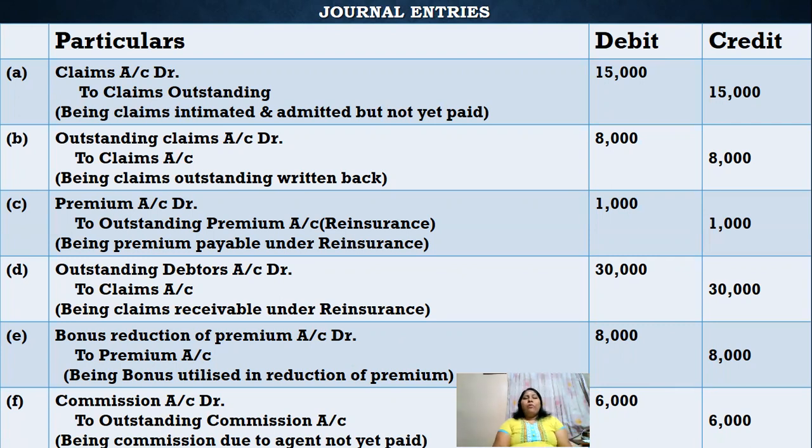So the general view I want to say: if any item is an expense, debit the respective expense and credit outstanding commission or outstanding premium like that. And in case of any income, you can write outstanding debtors account debit to claims account. So like that the journal entries will come. This kind of problem will be asked in Part B in the university examination.